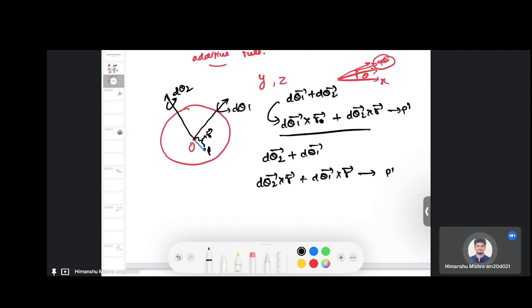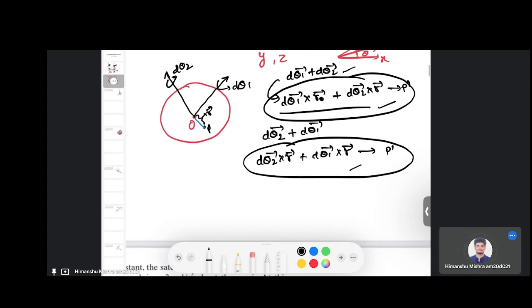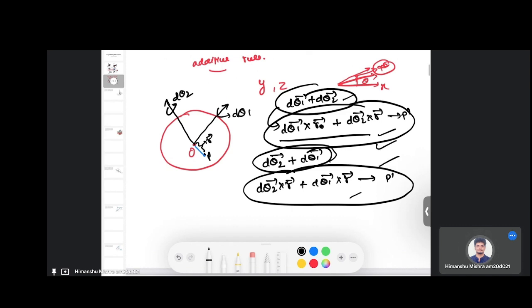You can see that in both cases it moves to the same point P dash following the same equation, which means this small rotation of this small element can be treated as a vector quantity, and it follows this additive property. You can add the rotations from various elements together, because this is what vectors do.